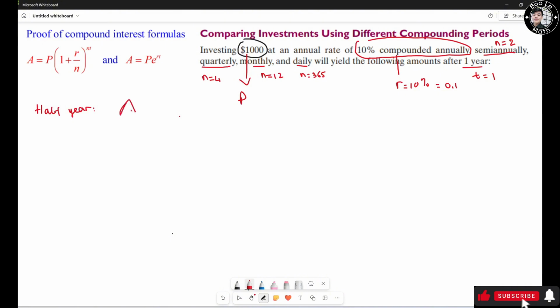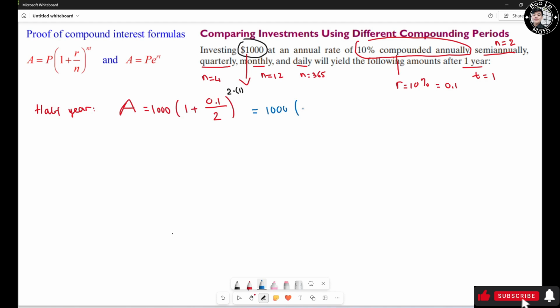So a equals p, which means 1,000, times 1 plus 0.1 divided by n, which is 2, raised to the 2 times 1, because t equals 1.